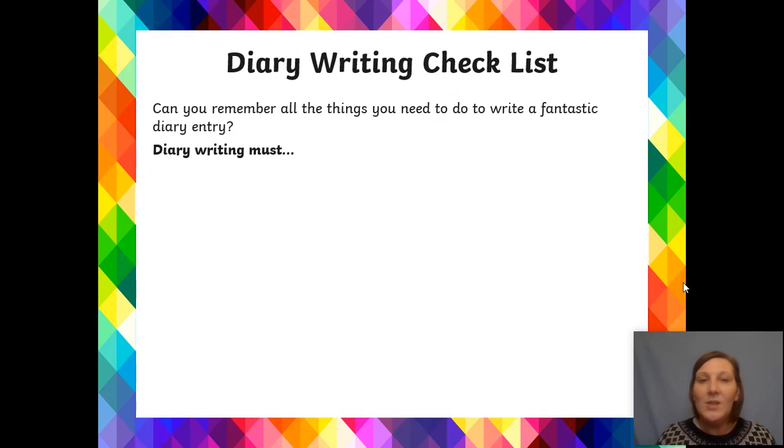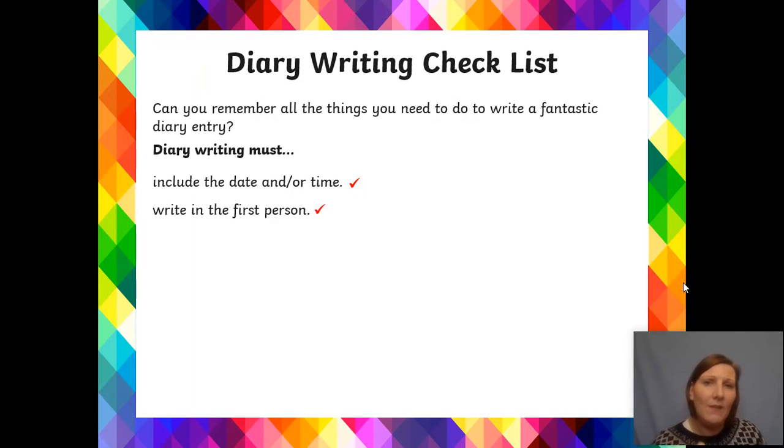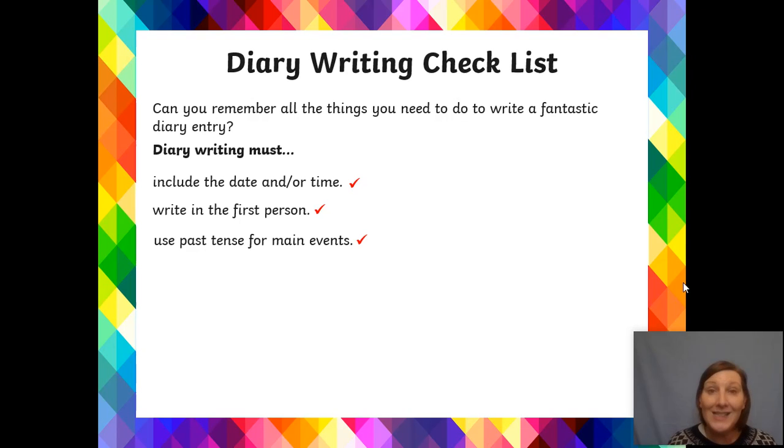Okay, so don't forget when we're writing our fantastic diary tomorrow, we're going to be including things such as the date and time. You're going to be writing in the first person, so don't forget when you're writing things down, it's I, me, we. Okay, past tense.